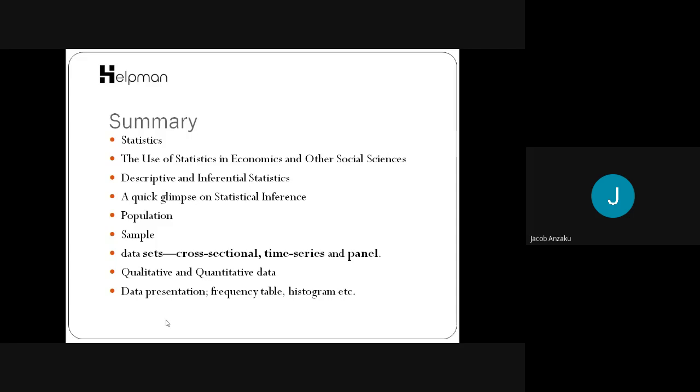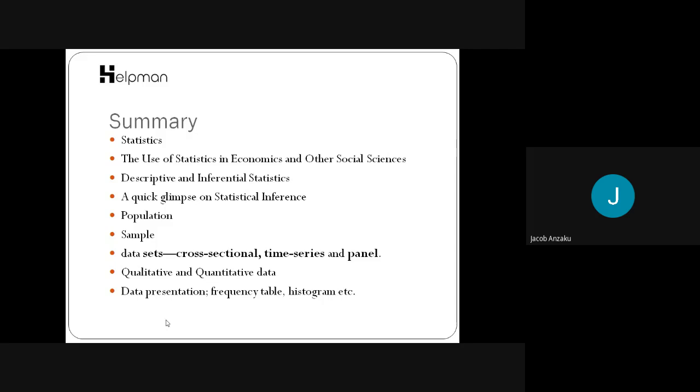Like the rainfall in a particular vicinity from 1990 to 2010 or so, is time series data because it is collected over time. And then we also talked about panel data. In the course of this course, when we go deeper, you will see how we can use some statistical tools to analyze cross-sectional data, time series data, and panel data.